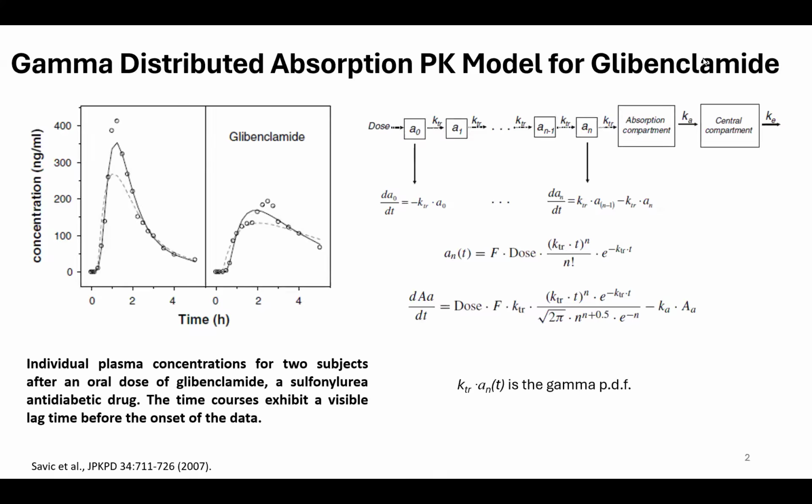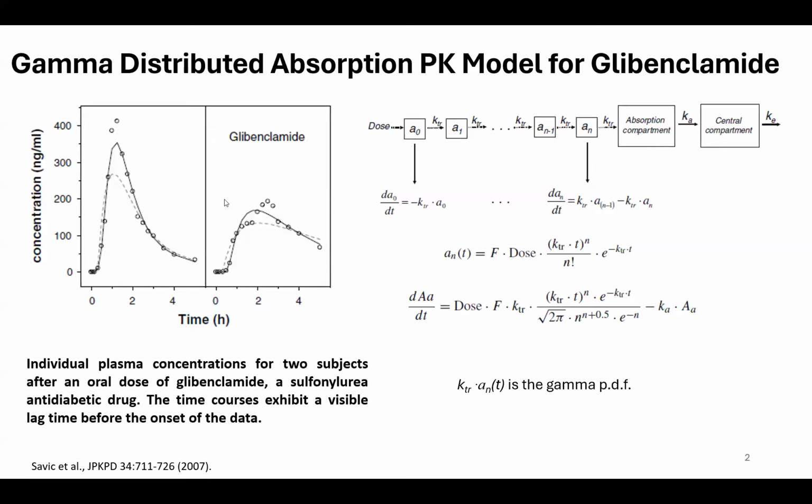I'll start with the example that is probably one of the first applications of distributed delays in pharmacometrics. This example is the effect of glibenclamide that was administered to 2 subjects orally.